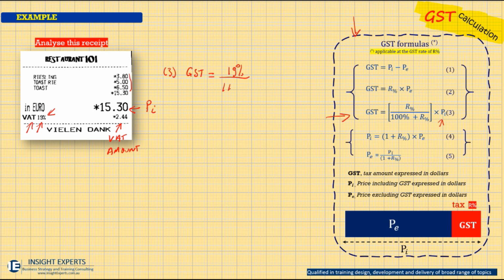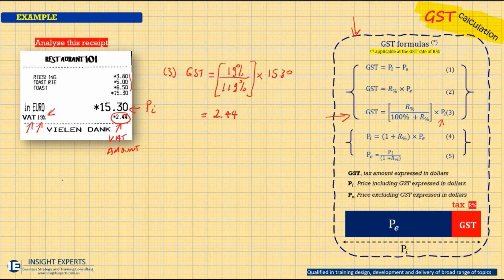So that is 119%. Okay, and then we'll multiply by the price including GST or including VAT, which is 15.30. And when I do the calculation, I will end up with something like 2.44, which is the VAT amount.